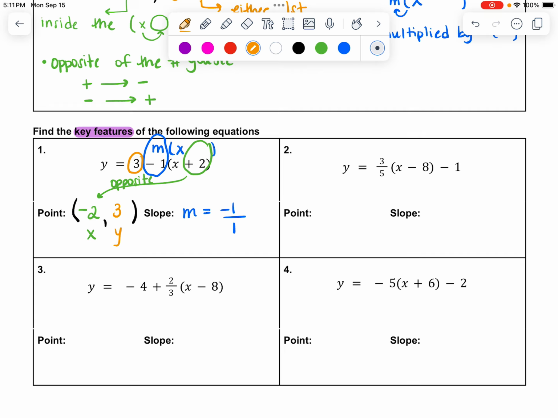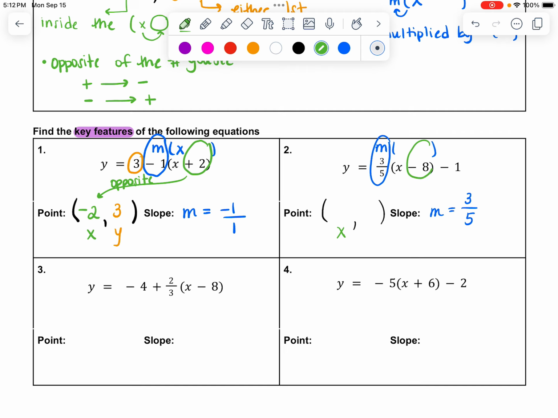Let's try that again. In the next equation, the key features are still going to be the point and the slope. In my opinion, the slope is the easiest one to find because if we just write m parentheses, we can find the slope by lining it up. It would just be 3 over 5. My x number is the next easiest to find.